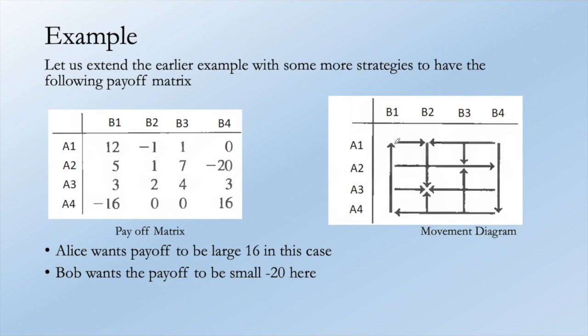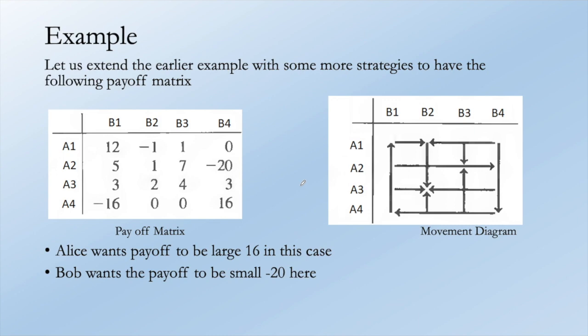As soon as Bob does that, Alice will move to A1. As soon as Alice moves to A1, Bob will move to B2. As soon as Bob moves to B2, Alice will move to A3. And there they can find a stable solution, because Bob doesn't have a better option than this.